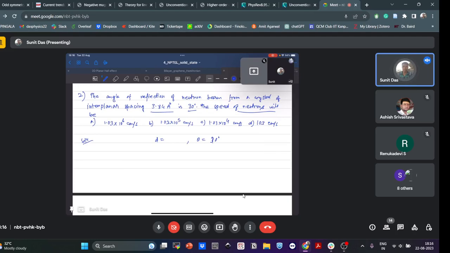Okay, so what you can determine is lambda from Bragg's relation, 2d sin theta equal to n lambda. Nothing has been mentioned, which means this is the first order peak, n equal to 1. So from lambda you need to determine the velocity v for neutrons.